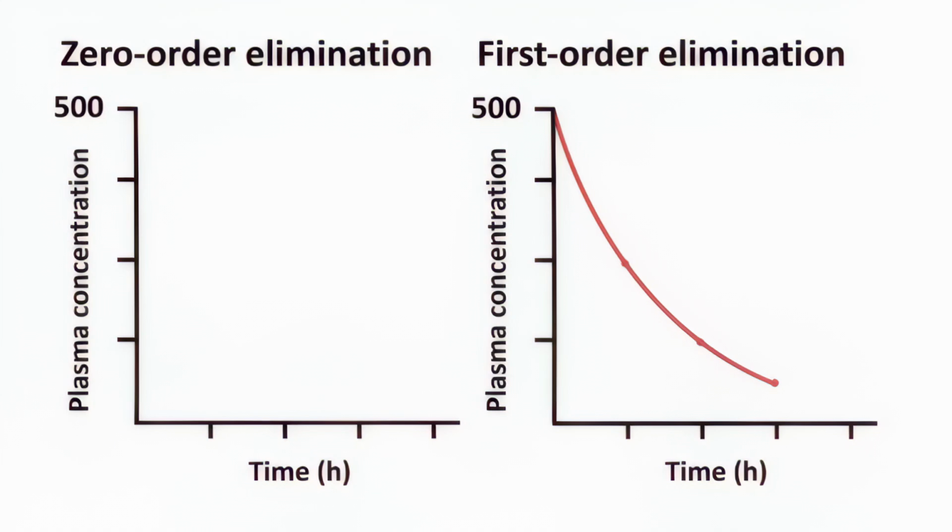But if you had a starting concentration of 500 milligrams and the drug was eliminated using zero-order kinetics, and say it was still clearing at 25 milligrams per hour, what would the level be after 3 hours? Well, you started with 500, you cleared 25 each hour, so after 3 hours that would leave you with a level of 425 milligrams. So you can see that in this example, starting with a higher plasma concentration, first-order elimination clears the drug much, much faster.